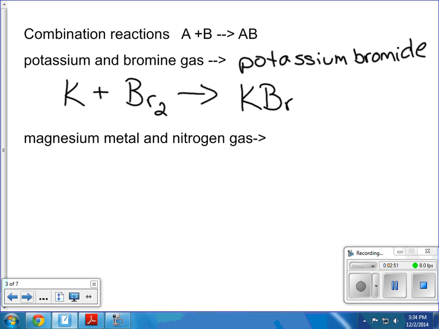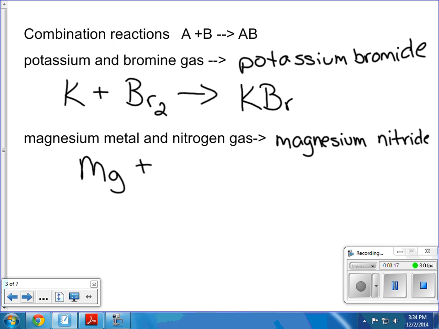So if we put magnesium and nitrogen together, we name our metal just like it is on the periodic table. And our non-metal, we change the ending to IDE. So this becomes magnesium nitride. So let's write our formula. Magnesium is just Mg, and then a plus sign.